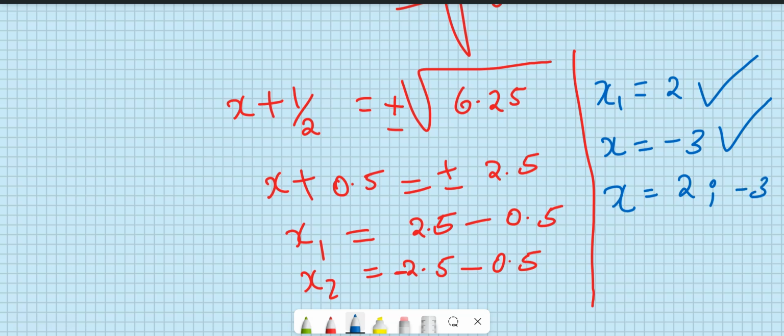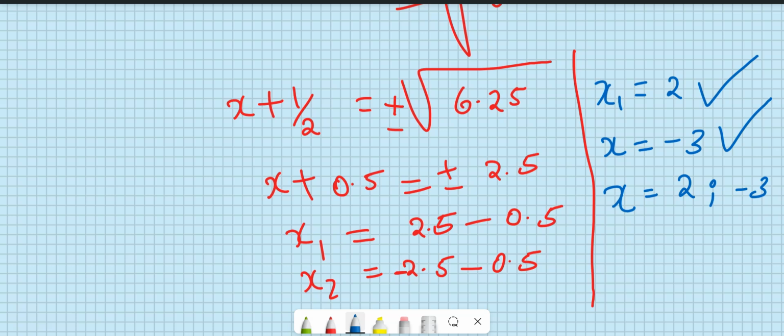The good thing with quadratic equations is that you will get the same answer regardless of what method you use. Even if you decided to use the quadratic formula method, you still get the same answer. You decided to use factorization, you get the same answer. You use a calculator, use a graphical method, you will get the same answer. The difference is the method, and please take note of the method.